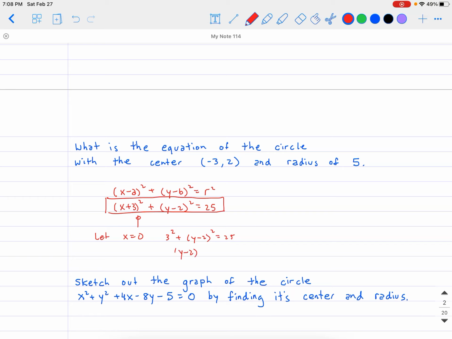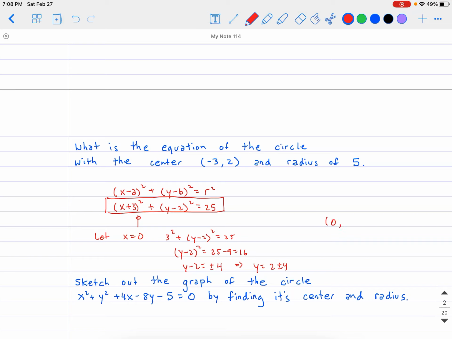Let's see, y minus 2 squared is equal to 25 minus 9, so that is going to be equal to 16. So y minus 2 is equal to plus or minus 4. And so y is equal to 2 plus or minus 4. So that tells me that I have 2 points right there that I just solved for on the circle.